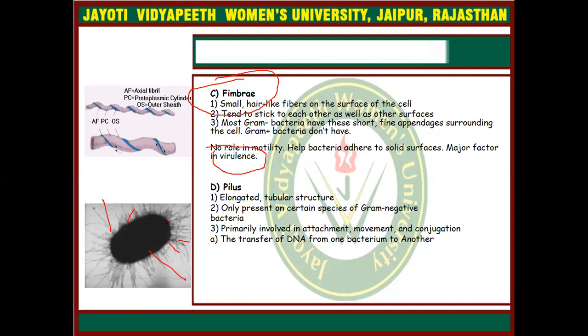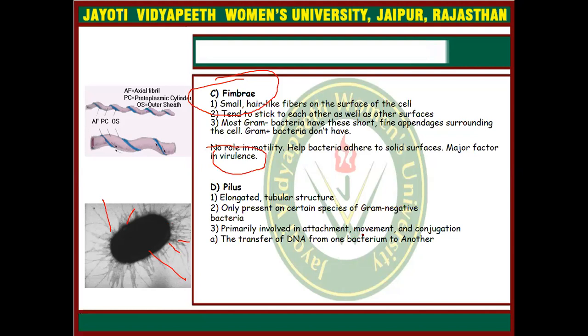One bacterium transfers its genetic material to another bacterium so that they can survive and make their progeny. This is a method of reproduction of bacteria as sexual reproduction. The first one is binary fission, and the second is conjugation.